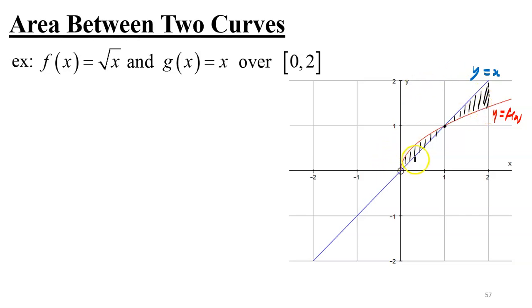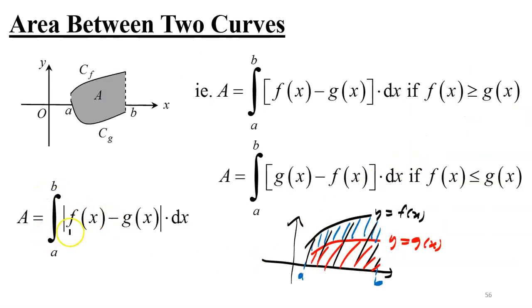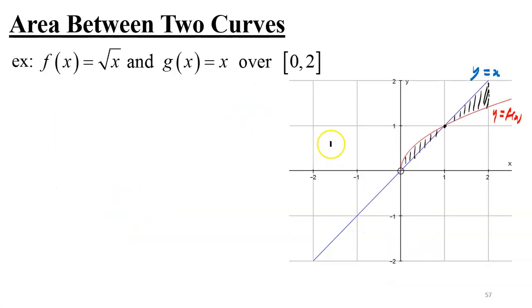So for that reason, since the area between two curves in fact consists of integrating the absolute value of f of x minus g of x, then over here between 0 and 1, what we would do is integrate f minus g, because the curve of f is above the curve of g, and between 1 and 2, what we would do is integrate g minus f, because the curve of g is above the curve of f.